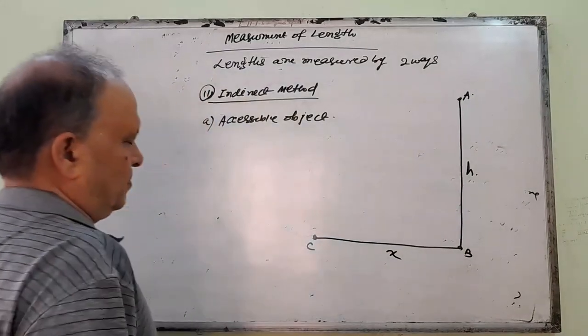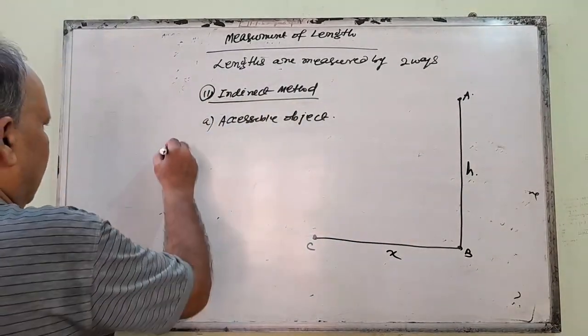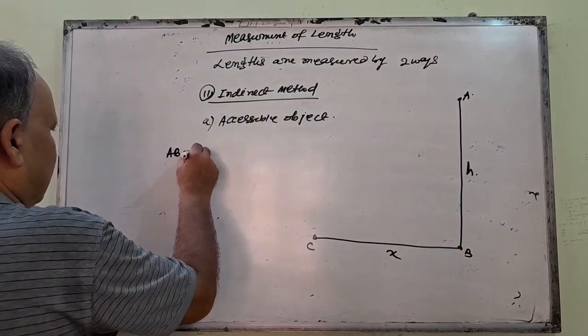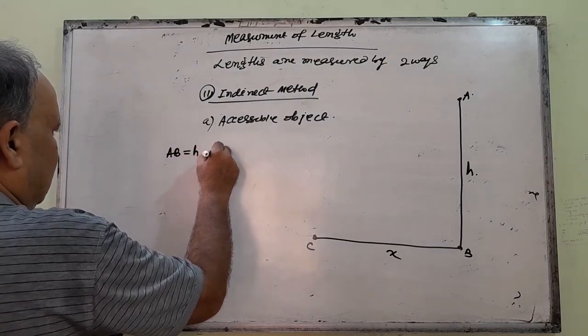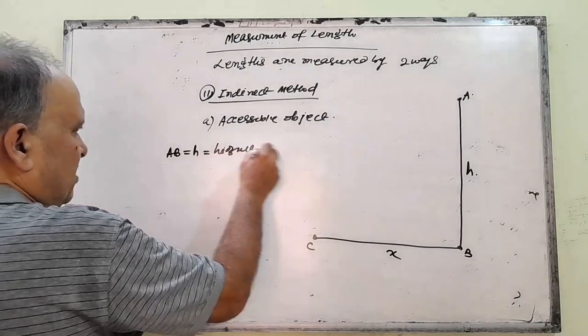AB is equal to h, that is your height. We measure that height.